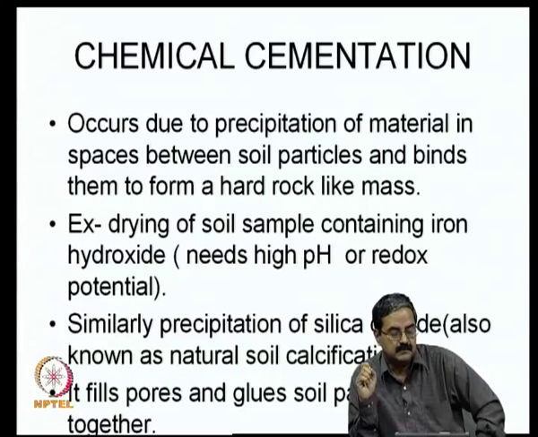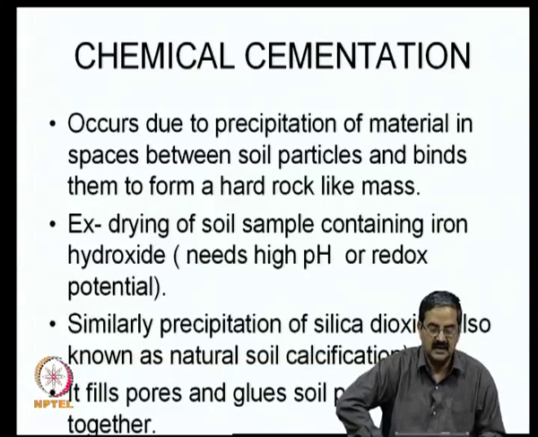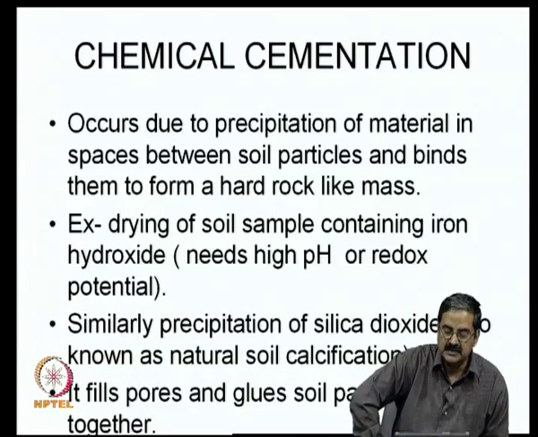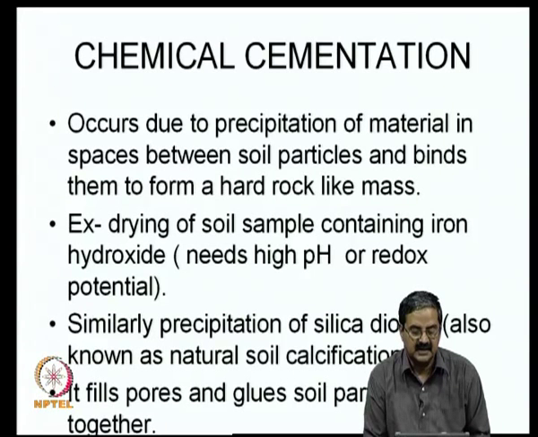In the biocementation processes, you have the precipitation of materials in spaces between the soil particles, and it binds them to form a hard rock-like mass. For example, the drying of soil particles containing iron hydroxide.